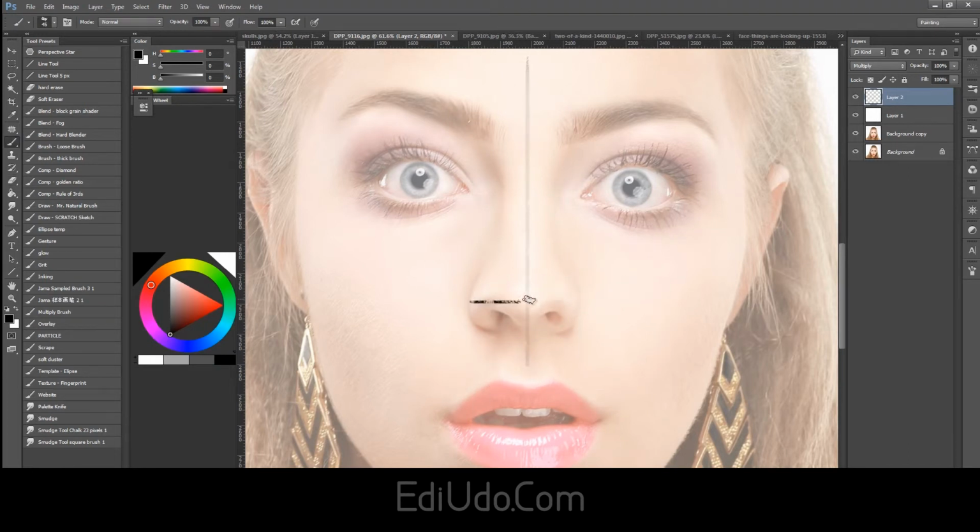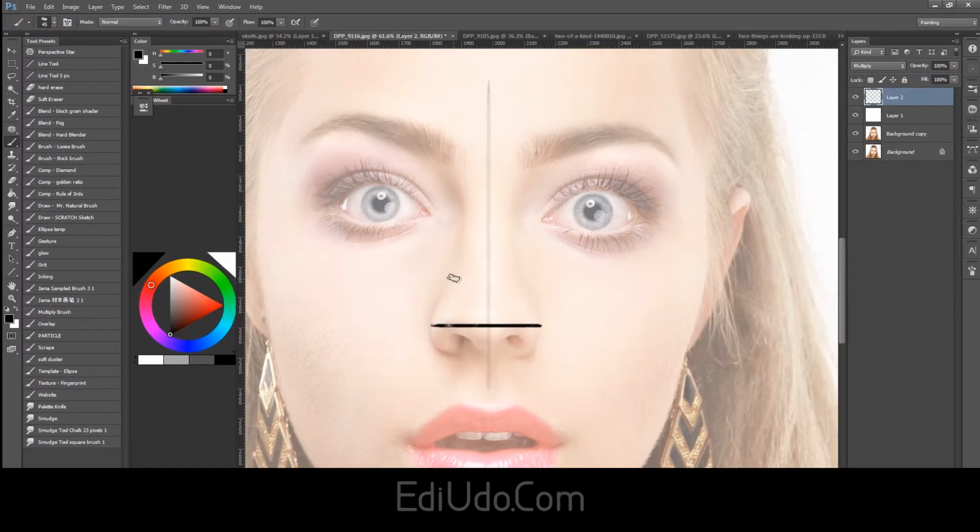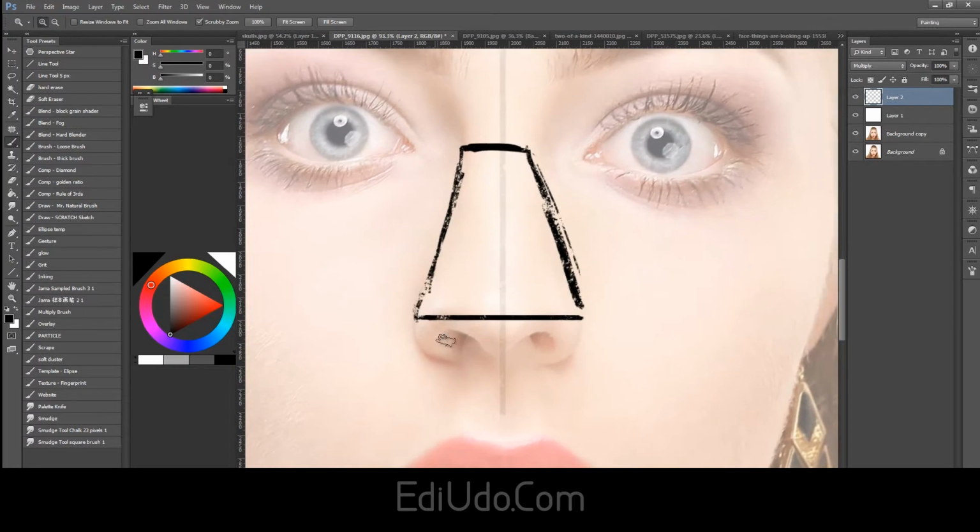Then I try to imagine the whole upper part as this side of the block, and this is the whole underside of that block. I have to shade it in.